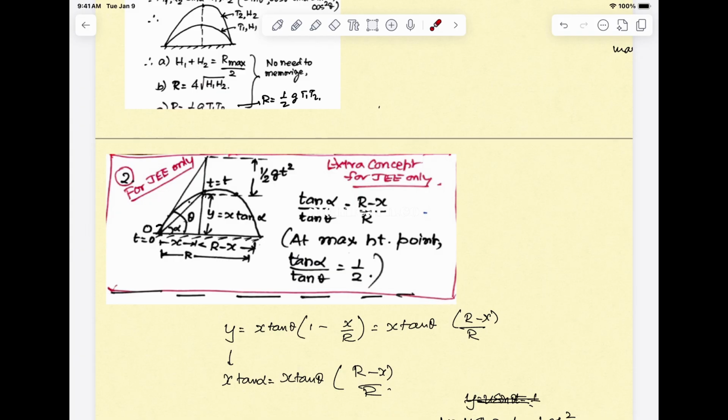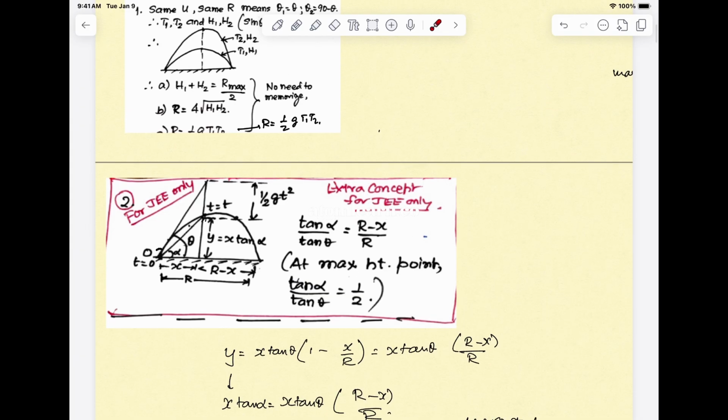Now there is a usual question in the books like this. A bird is sitting on a tree top, and you are aiming a stone at the bird. The elevation angle is theta, and you are throwing it at an initial velocity u, aiming at the bird.